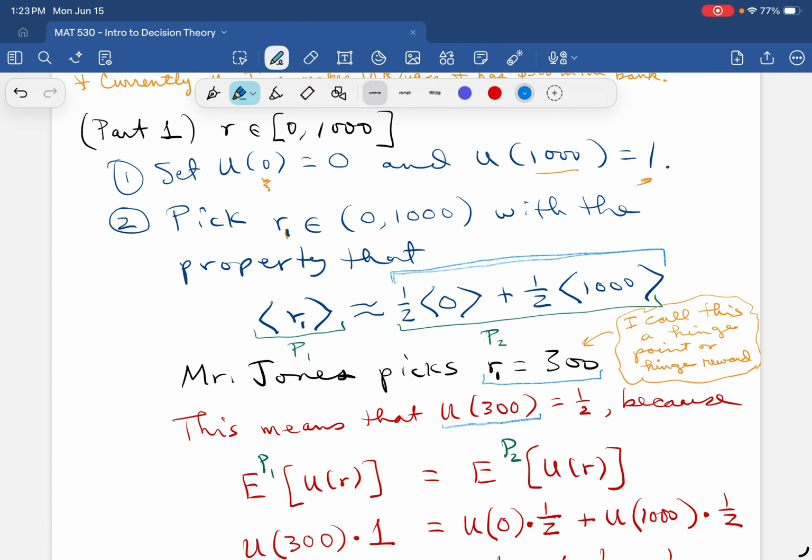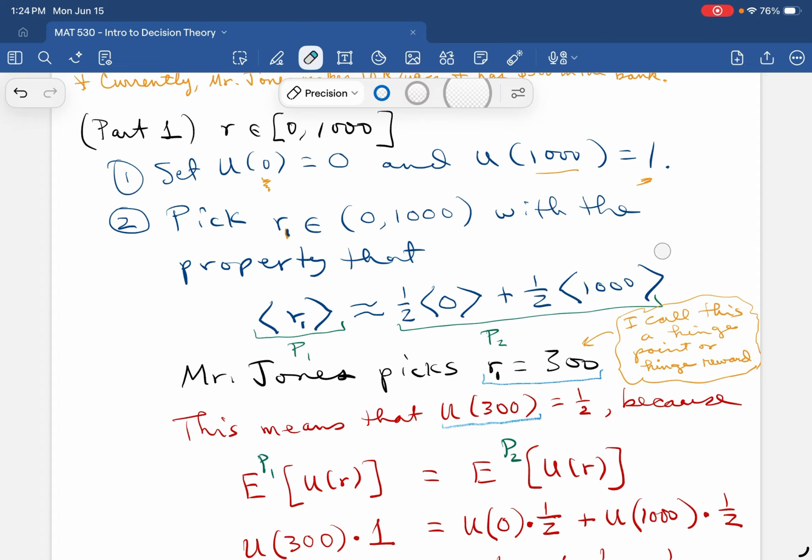Because he deemed it to be exactly the same as this probability distribution on the reward space, P2, the gamble, and the sure amount of money, which he chose to be 300, is probability distribution P1. And so the expected value of this utility function should be exactly the same under those two probability distributions. And for that reason, U of 300 is equal to 1/2.